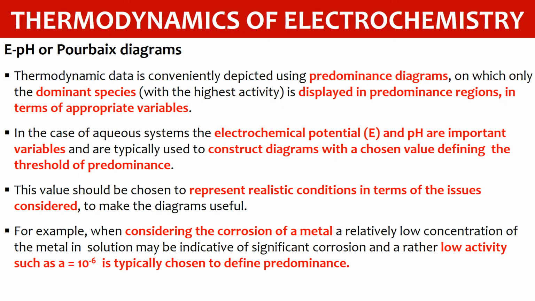These are diagrams that only show specific dominant species, species that have got the highest activity in certain conditions, and these are the ones displayed in the predominance regions in terms of appropriate variables. In our case we are talking of the electrochemical potential and the pH. Those are our variables.